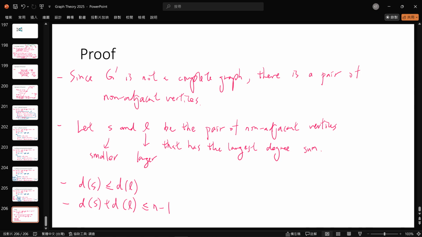So on the closure, the degree sum of S and L is at most n minus 1. The reason is that if the degree sum is at least n, then we can actually add an edge. So this means the closure we have is not the closure, because we can still add edges.